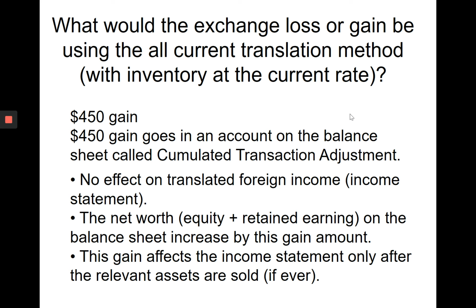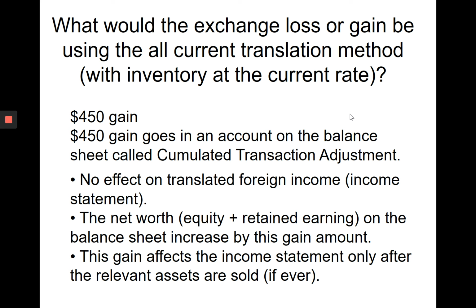That account is called cumulative translation adjustment. This CTA account is important because it gives notice to everyone that, hey, this is translation, this is not real side of business. It is not that we sold more cars, it's just their currency value changed against our currency value, and that gave us a gain.